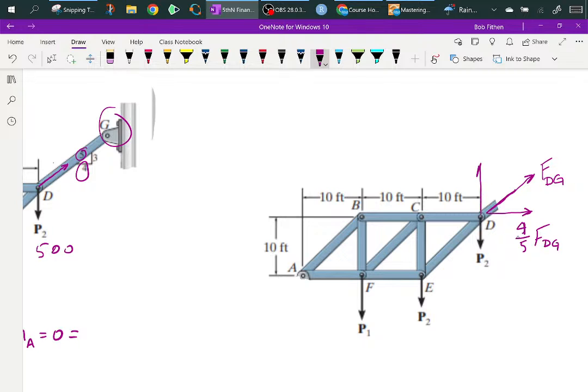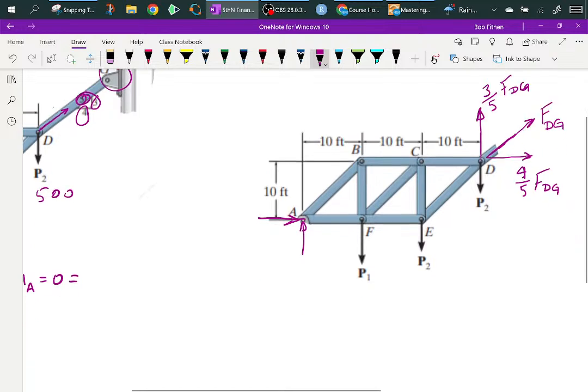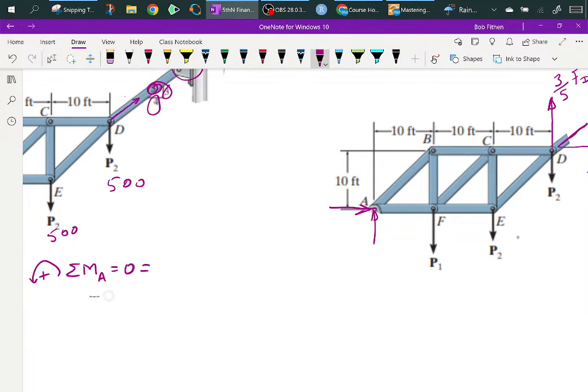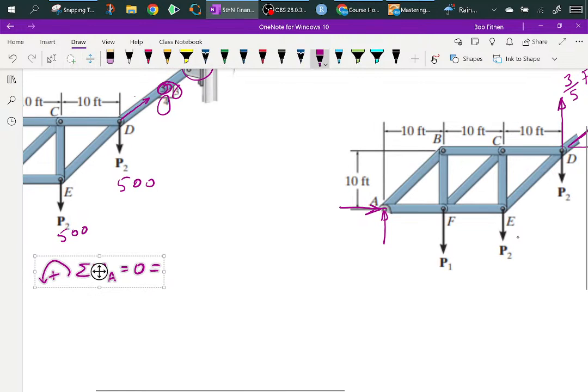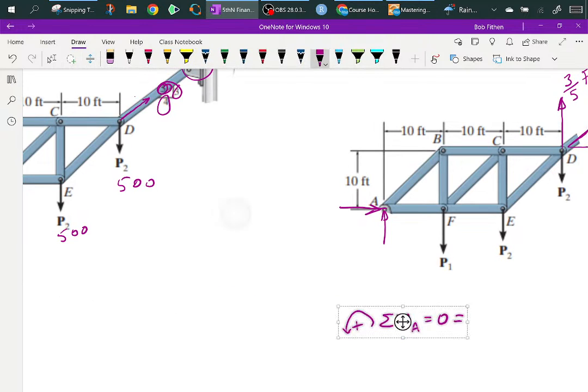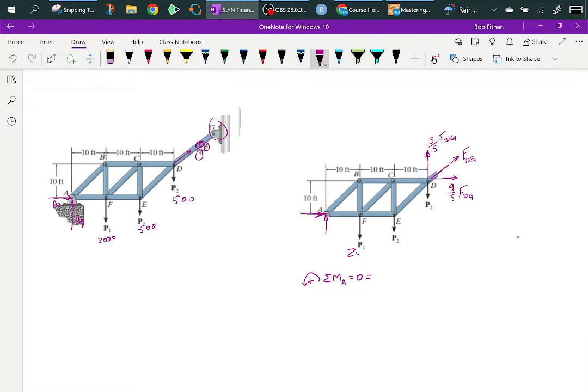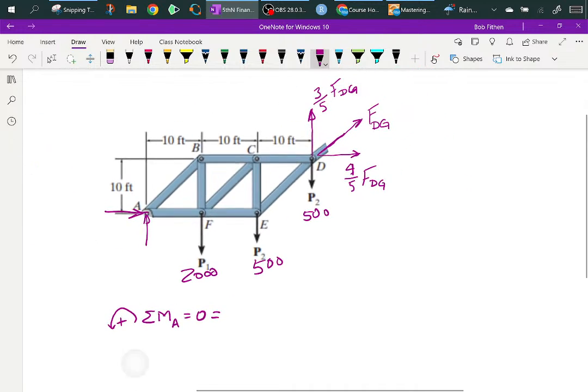And then up this way, it's a 3/5 of FDG. Okay, and I think I have all my measurements, so I have my forces here that I still don't care about. So now I'm going to take this over to this one and take it over under here. I think I still have my 2,000 and 500.